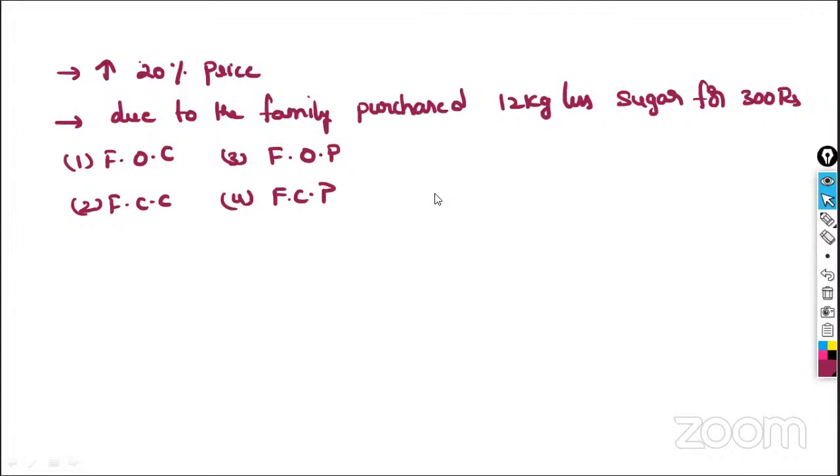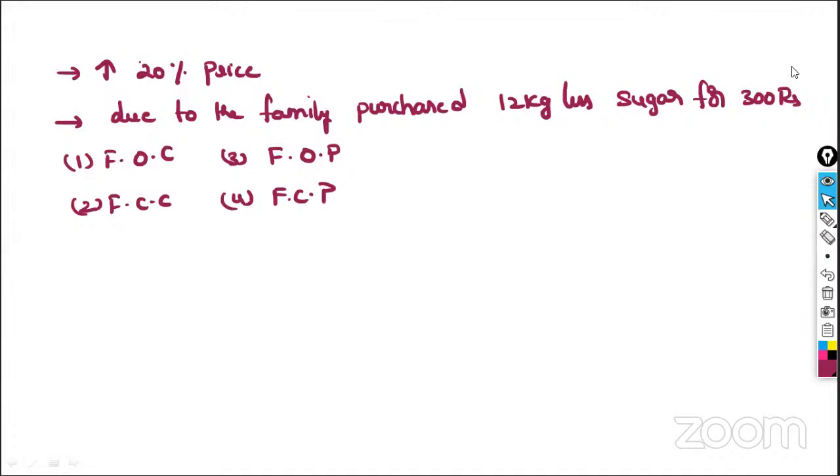Right? So anyone got the answer, ma? The price is increased 20%, due to this the family purchased 12 kg less sugar for 300 rupees. So that means here expenditure is constant, right? So find the original consumption, current consumption, original price, current price.